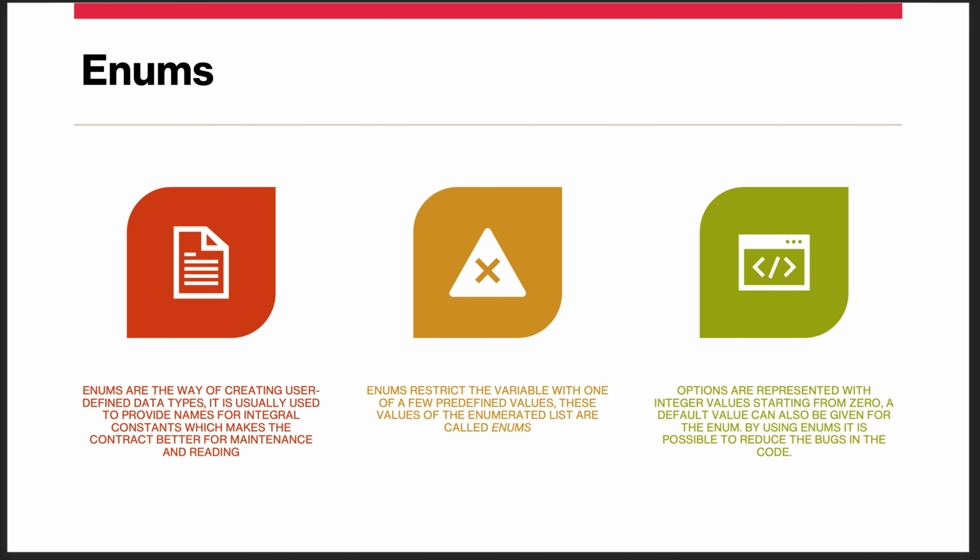Then enums. Enums are a little bit weird for me, at least, because again, we're creating user-defined data types, and it's usually to provide names for integral constants. I don't expect you to understand that or know it. But the big clue here is that enums restrict the variable to one of a few predefined values, all right? These are part of an enumerated list. Options are represented with integer values starting from 0, and a default value can be given for the enum.